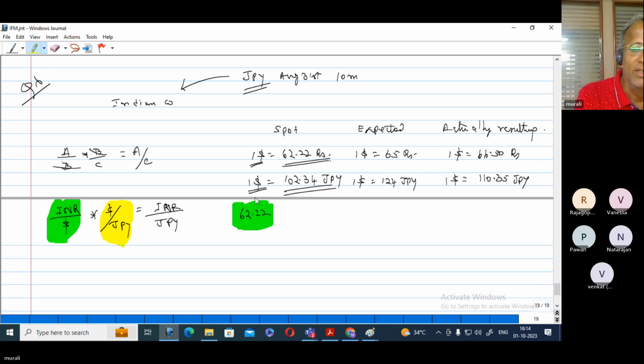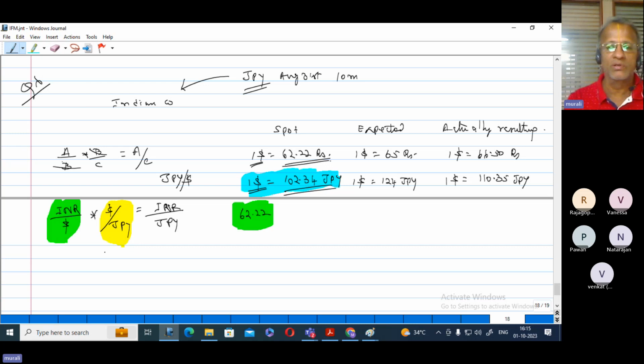Whereas the quotation is in a different mode. It is conveyed as JPY per dollar. This is what they have, but you require it in this fashion. So what we do is invert it, divided by 102.34.